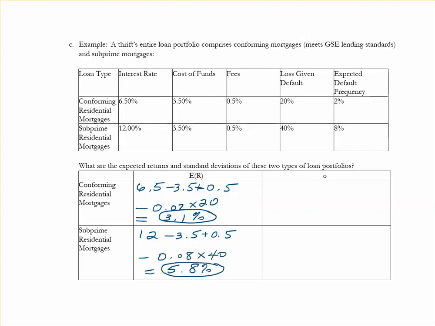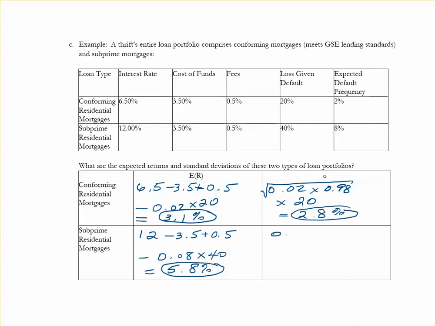Now let's do standard deviation first. For the deviation, we'll do the square root of the expected default frequency of 0.02 times 1 minus the default frequency, which is 0.98, multiplied by the loss given default of 20%, giving us 2.8%.